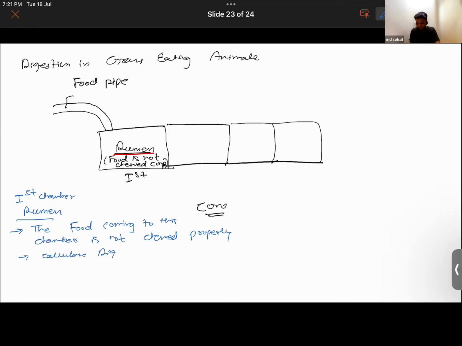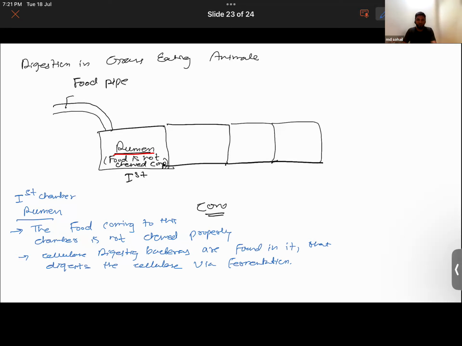Cellulose digesting bacteria are found in it that digest the cellulose via fermentation. Okay, guys.